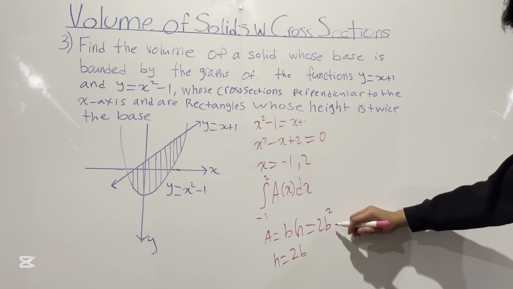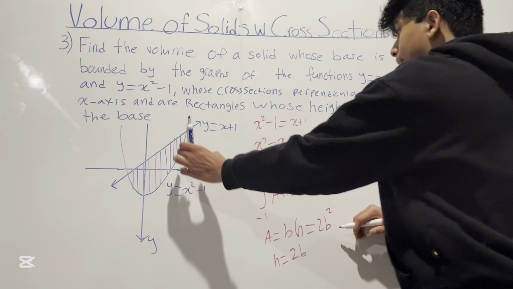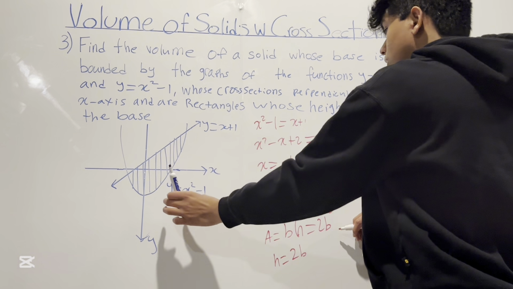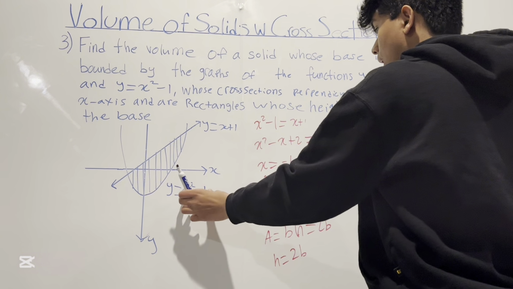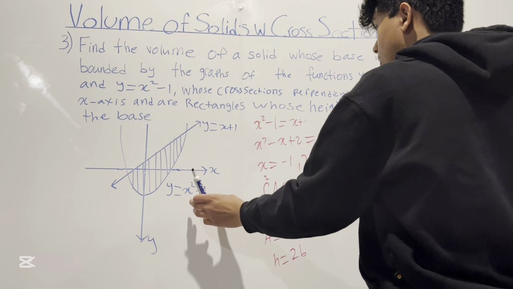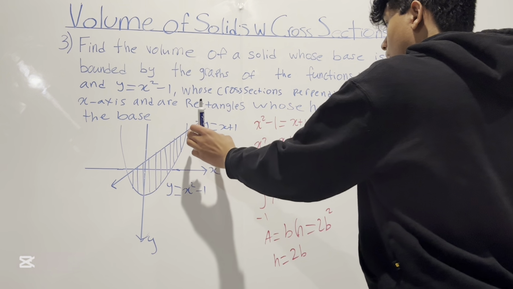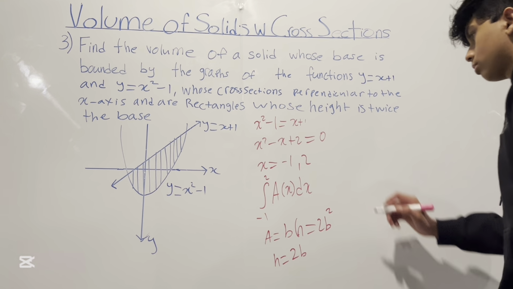And we still need to find the base, and the base is just the top function subtracted by the bottom function, and the top function here is x plus 1 and the bottom function is x squared minus 1. So x plus 1 minus x squared minus 1 is our base.